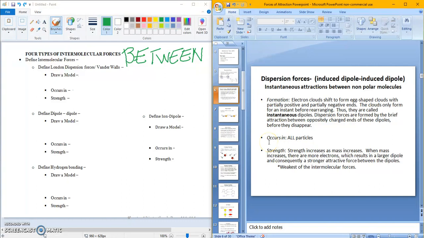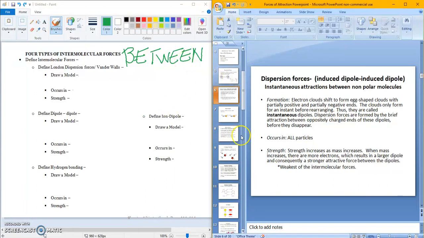They occur in all particles. Okay? So polar or nonpolar or not, when you put two things together, the electron density is going to rearrange itself so that it doesn't have to be so close. Okay? However, we mainly think of these guys as being part of nonpolar molecules.